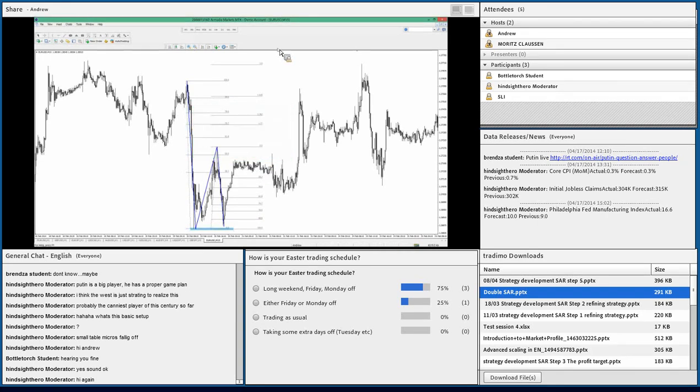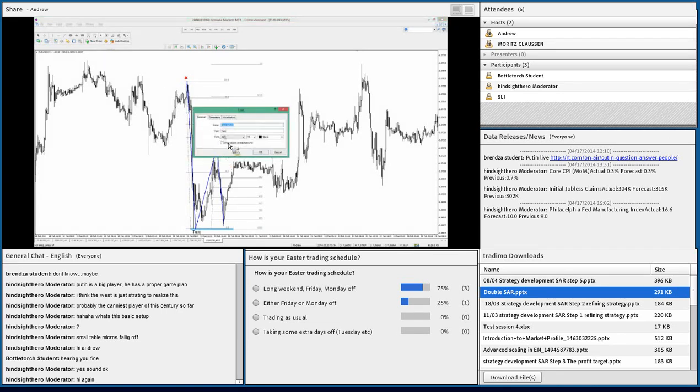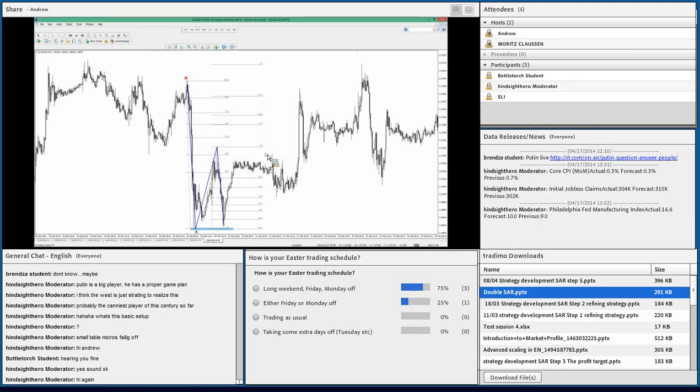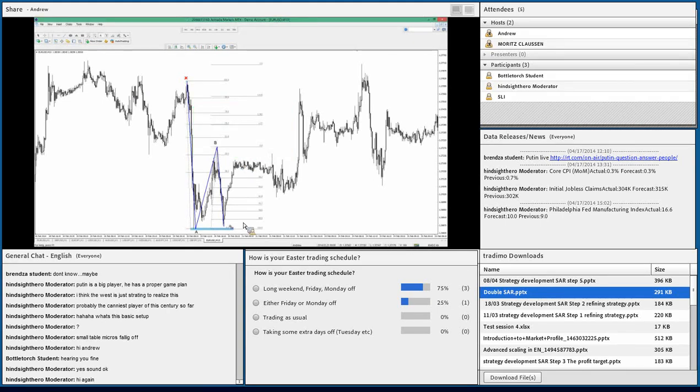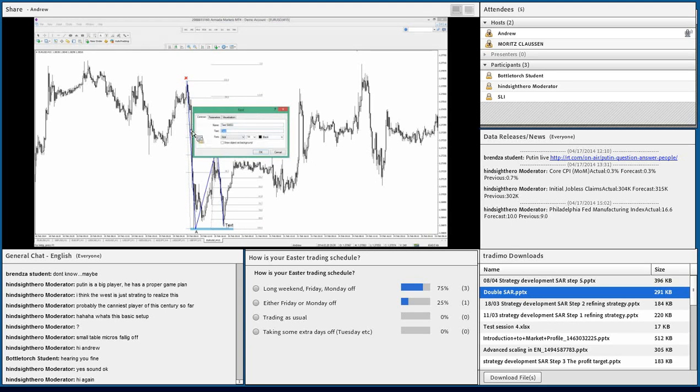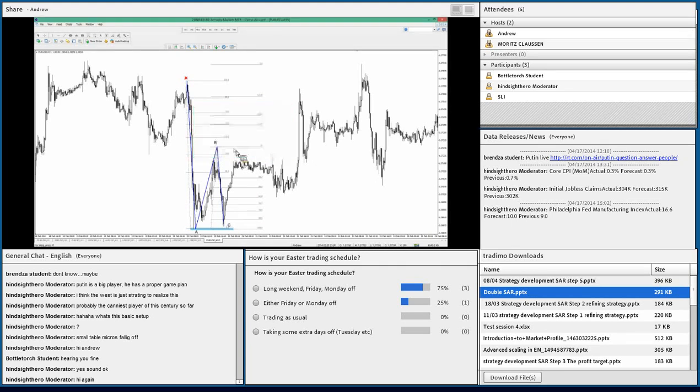So if we label this, we have point X, we have down here point A, we have point B, price retraces down to point C. Now point C cannot break below, this retracement of BC cannot break below point A, otherwise the pattern's invalid.